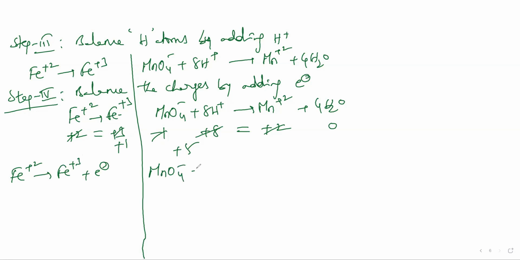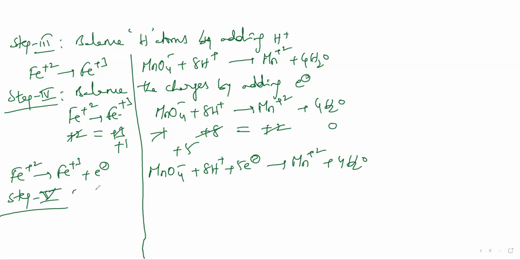Now the last step: equalize the number of electrons. Here 1 electron, here 5 electrons.